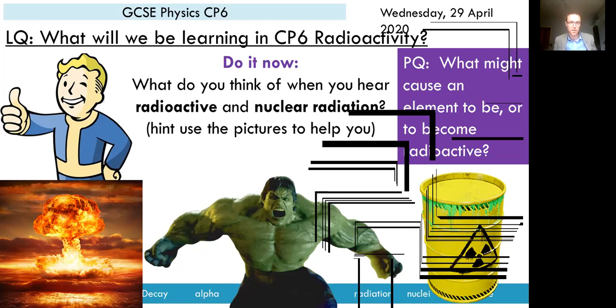So when we're thinking about radioactivity and nuclear radiation, we may think about nuclear conflict and the fact that it has the power to make large parts of the world uninhabitable for long, long periods of time, hundreds or thousands or even tens of thousands of years. In the middle, we've got Hulk. So we might think of radioactivity as causing mutations, which may make us mutate into superheroes.